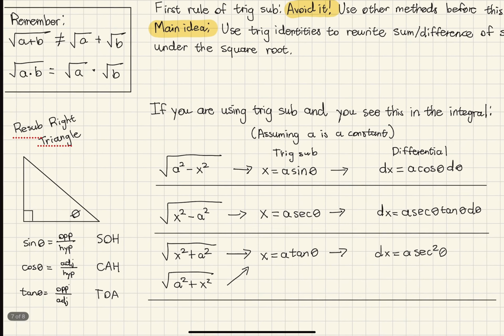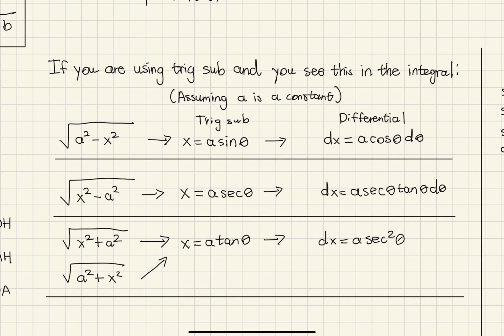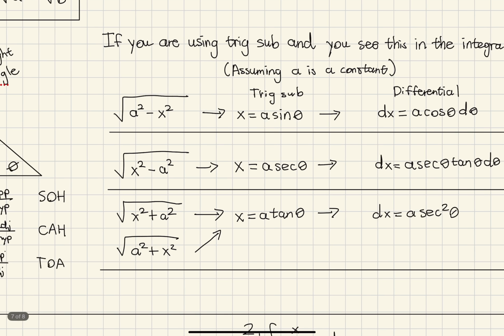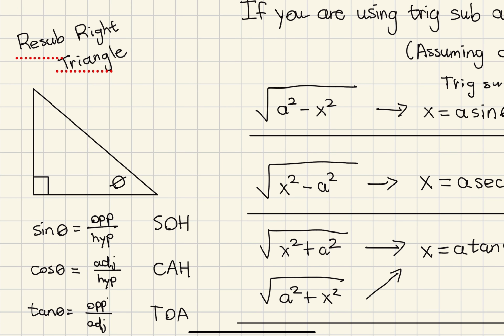So the main table that you have to remember for trig substitution is this. Assuming a is a constant, we have this table that shows what substitution to use, and we'll go more in depth with the examples. This is the resub right triangle.